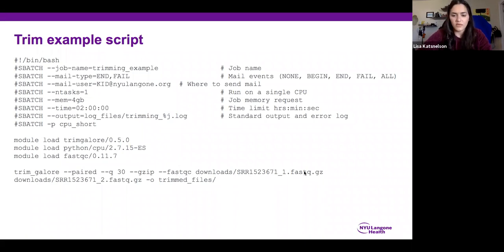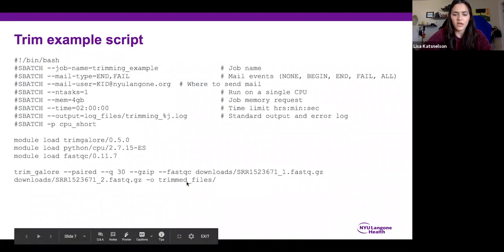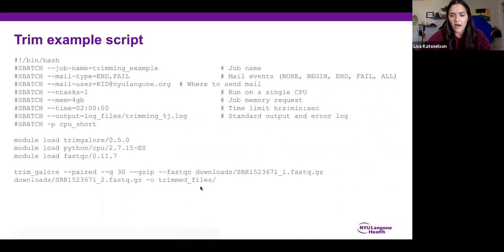This is the path to the first file, which is just the first read, and then this is the path to the second one, so it's the forward and reverse. And then my output here is just a folder that I named trimmed files. And then since I'm not specifying a place for the fastqc files to go, they're also going to go into here. But you can tell it with the command fastqc args that we saw in the documentation where to put the qc files if you want them to be somewhere separate.